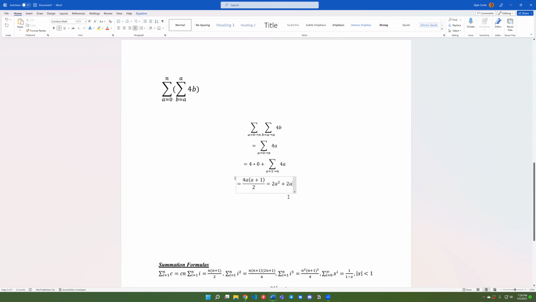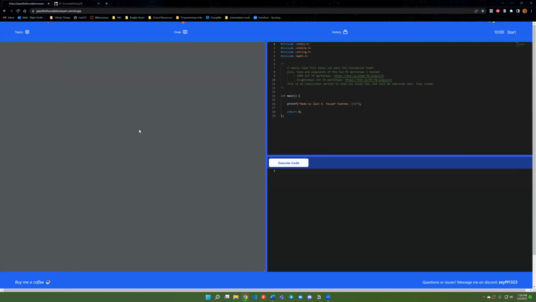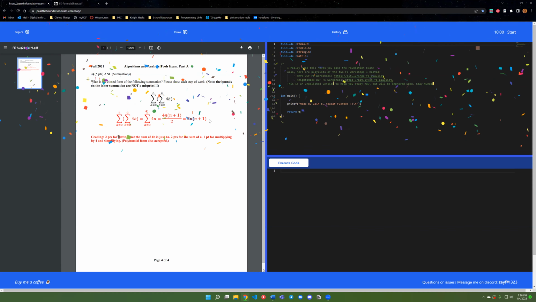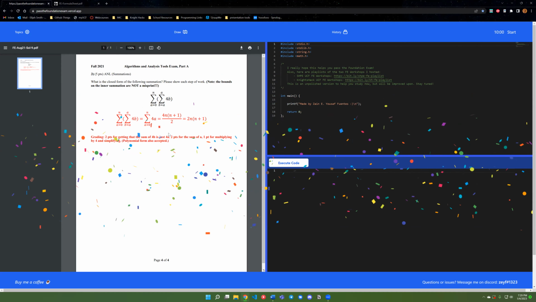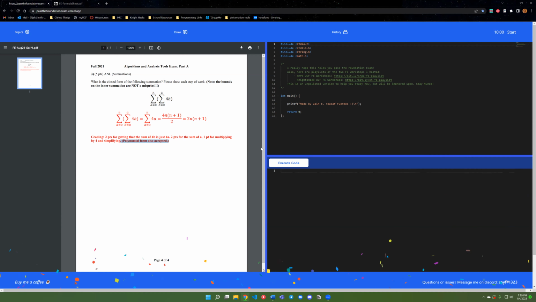All right, this is our simplified closed form here. There's nothing else we can do to make it simpler. And let's go ahead and check it. All right, and it gives us this thing here. Great. So polynomial form is also accepted, which is what we gave.